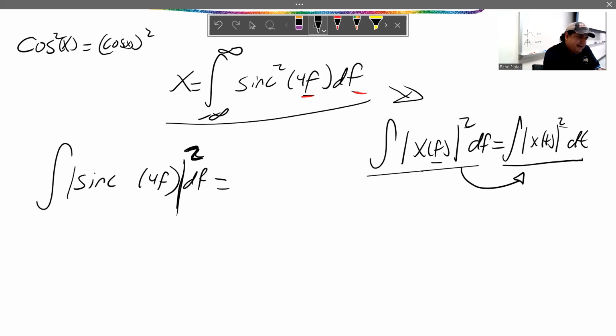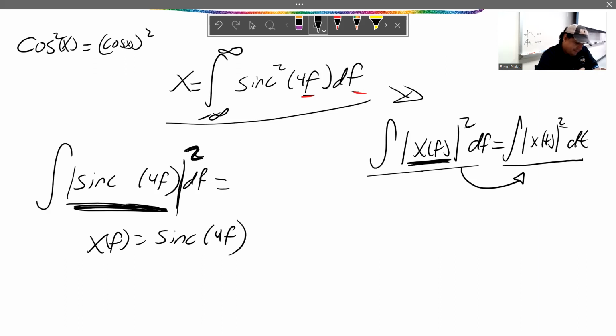So now we have our X(f). This is our X(f). X(f) is equal to sinc 4f. Boom. Now we need to find our x(t). What's x(t)? We go to our Fourier pairs. Notice how we lost the squared because the formula requires it to be quantity squared.